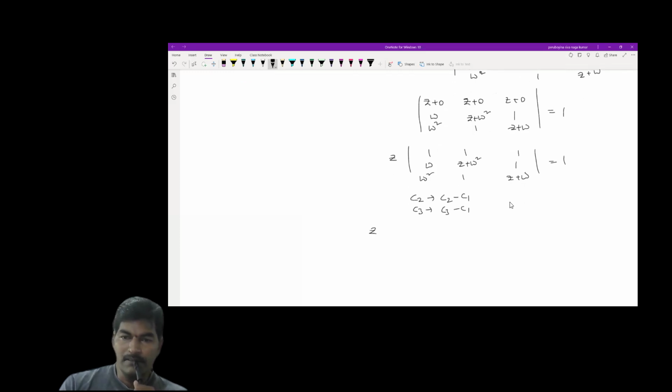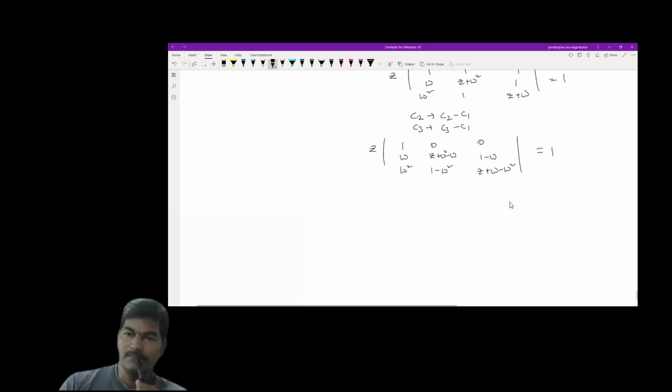Okay. So then Z of 1, omega square, 1, and this is 0 and 0, and this value will be Z plus omega square minus omega, and this is 1 minus omega, and 1 minus omega square, and Z plus omega minus omega square, equal to 1.